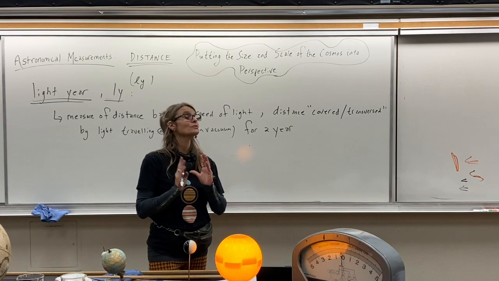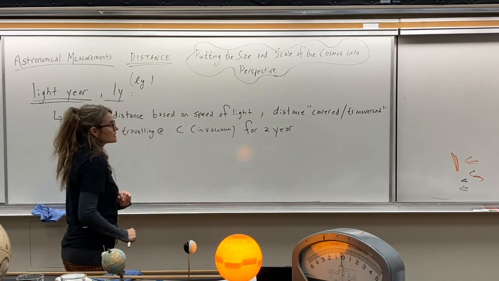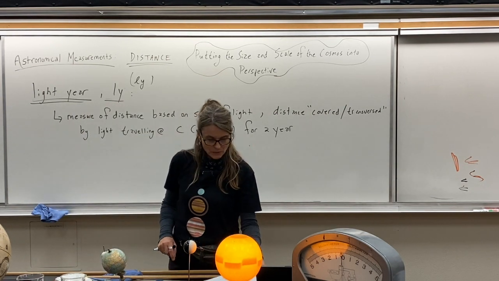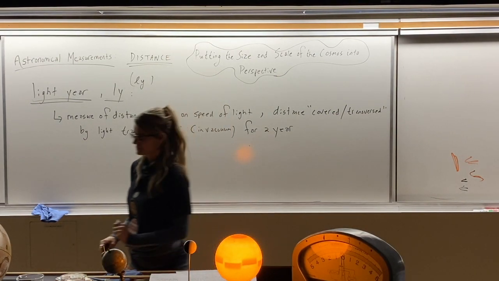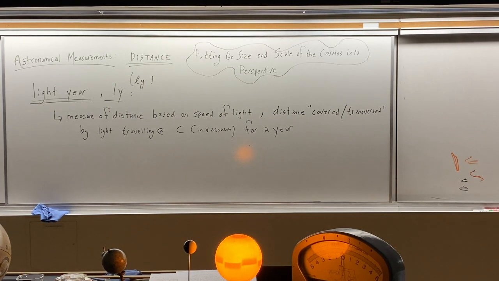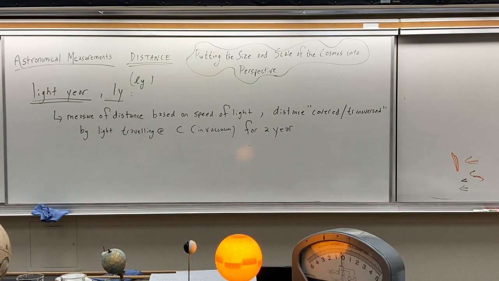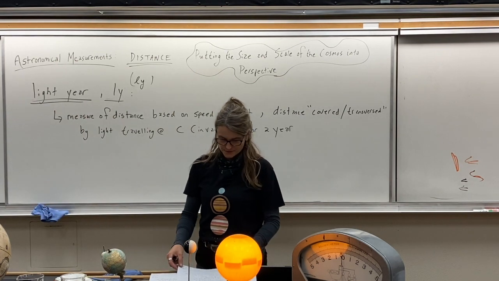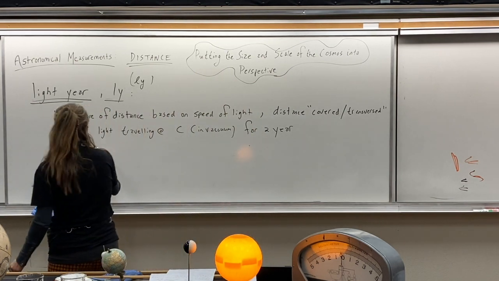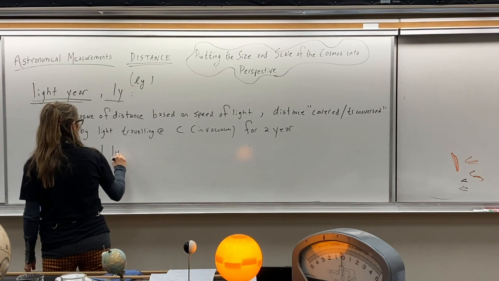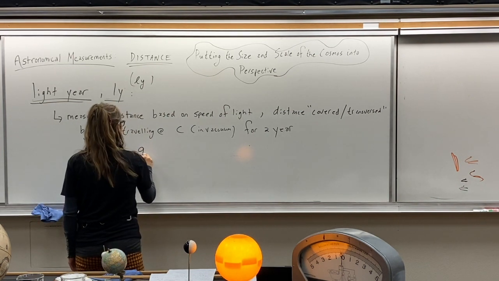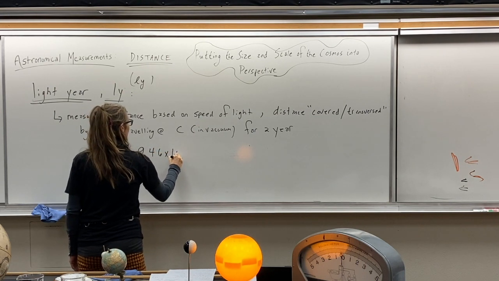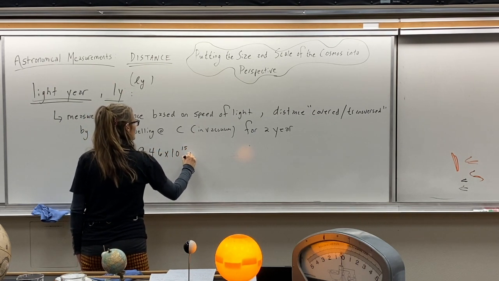It is a huge number. So what we get when we do that value is 1 light year is equivalent to 9.46 times 10 to the 15 meters.